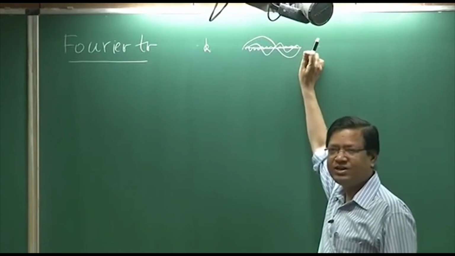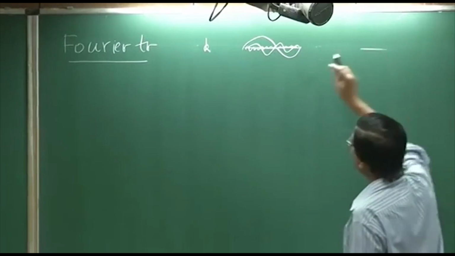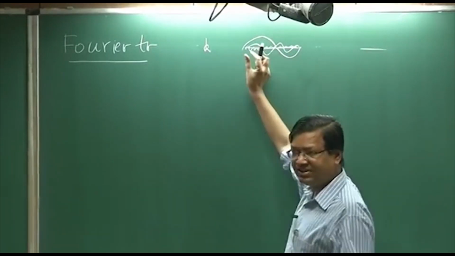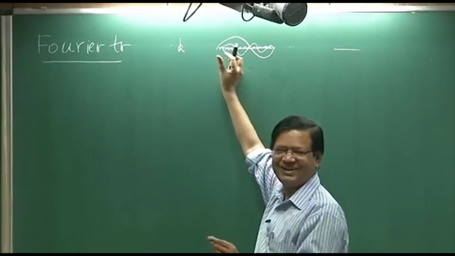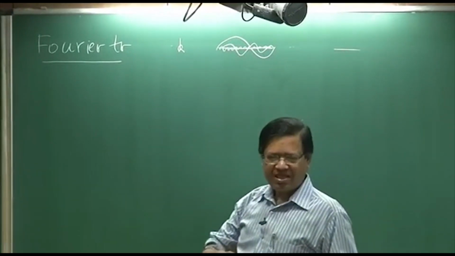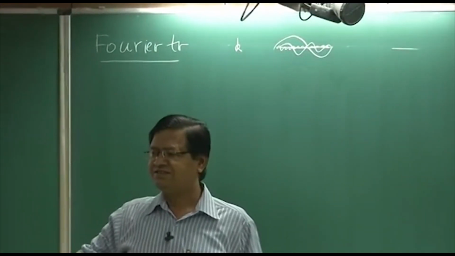But if you are working in real space, you can say energy here, energy here, energy here. You can say in real space, Kanpur temperature, Delhi temperature, but I want temperature at different scales.